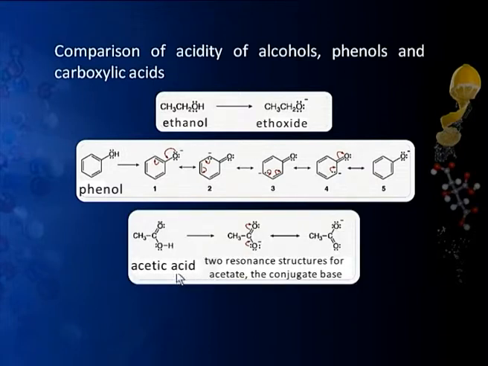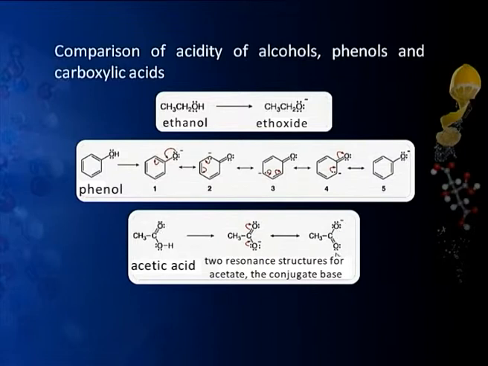We have carboxylic acids. They ionize to give the carboxylate anion. In the carboxylate anion, this negative charge is again resonance stabilized. Although there are only two resonating structures, the negative charge is distributed over two more electronegative oxygens.